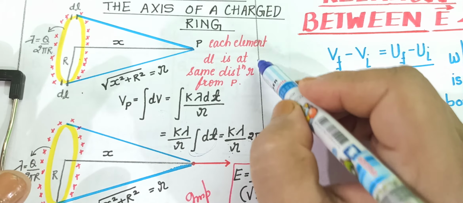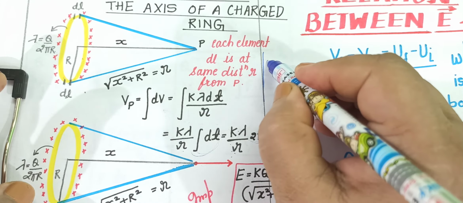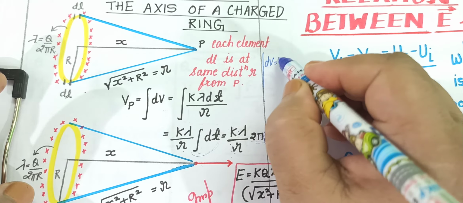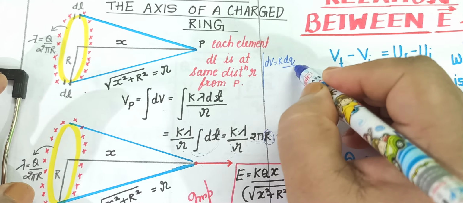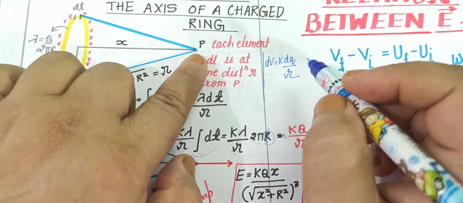Let me write it. For one element, the potential at P will be k dq upon small r, and small r is this distance.